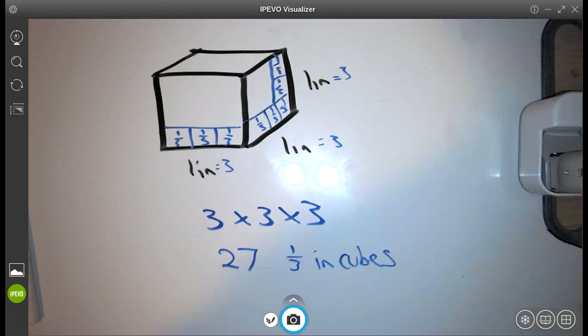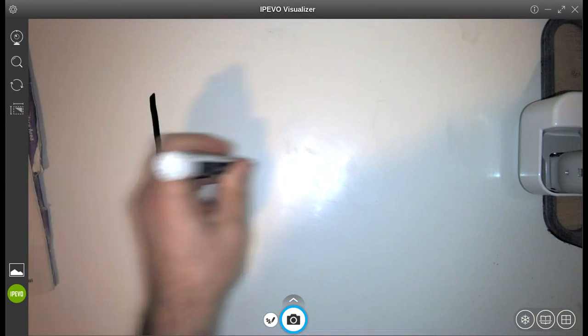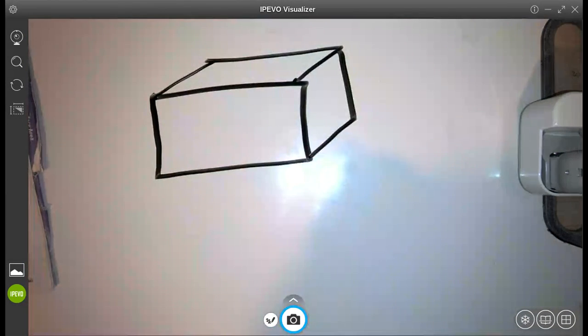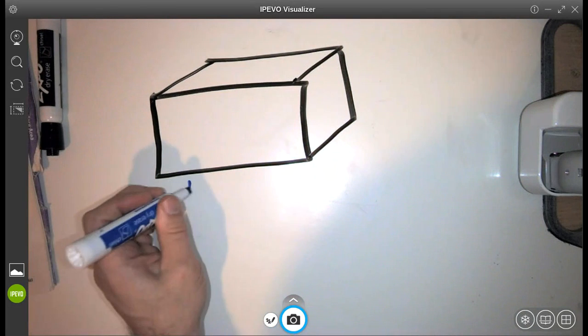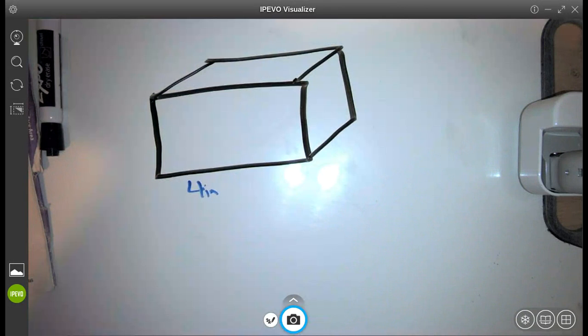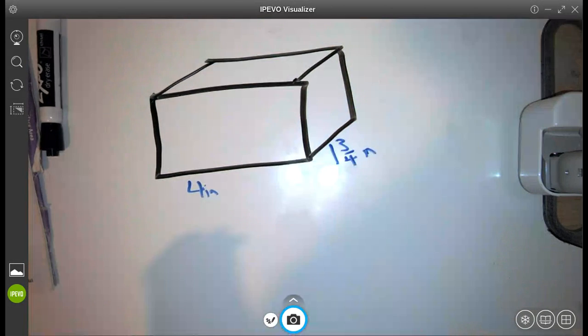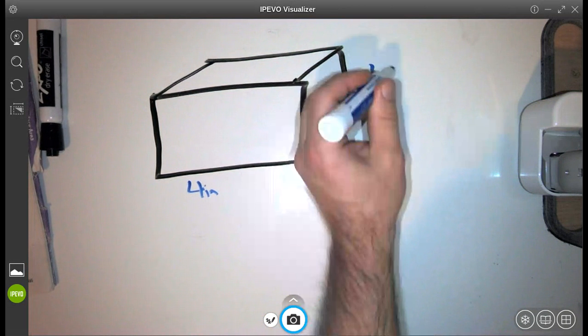Let me also quickly go over that last question, number 18, with you guys. Let me erase this and try to draw a quick sketch. It says the length is 4 inches, the width is 1 3/4 inches, and the height is 2.5 inches.